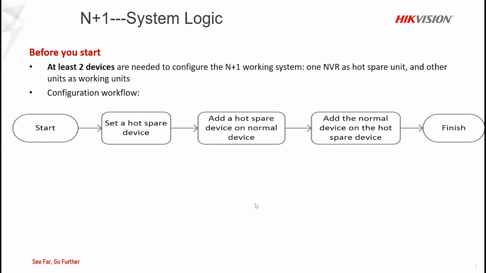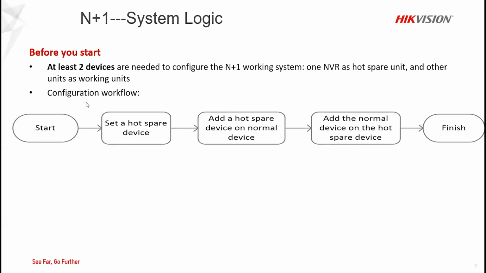Now we have the N+1, where you can go up to 32 NVRs and create one backup, but it has to be identical. Your backup NVR has to be identical. You can't use a 16 channel NVR with an 8 channel NVR as a backup. In this N+1, you have to have an identical backup, even the hard disk and the configuration should be identical.